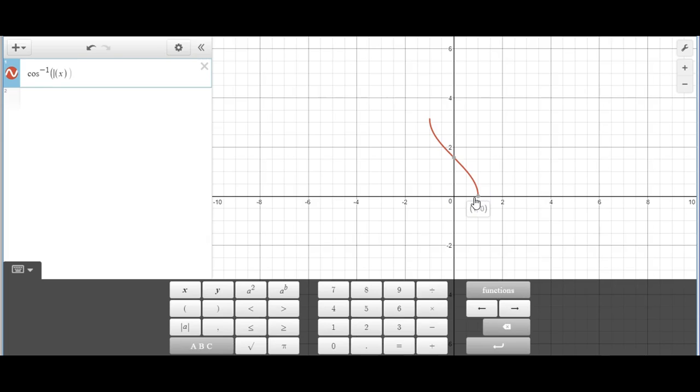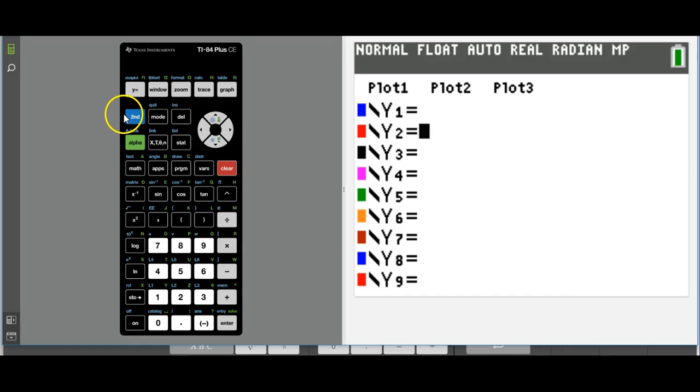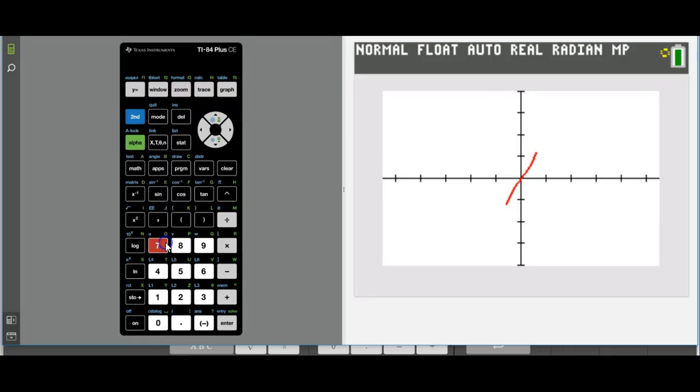Notice the range of cosine inverse is between 0 and pi. You can see it's about 3.14 right there. 0 to pi. Let's just do a quick demo of what that looks like in the graphing calculator. So second, inverse sine of x, hit zoom 7.